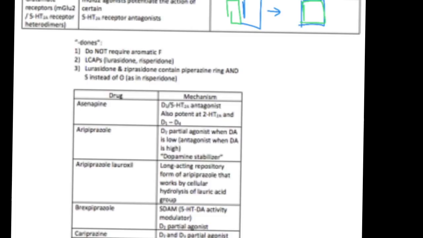LCAPs. I swear I know this. Okay. Long chain aryl piperazines. Please refer to the previous video on long chain aryl piperazines. Probably near the end. Lurasidone and ziprasidone contain a piperazine ring and a sulfur instead of oxygen. Risperidone has an oxygen. Lurasidone and ziprasidone have sulfurs.